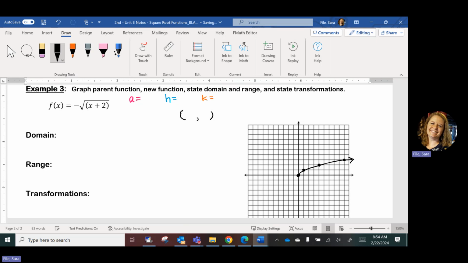All right. I've gone ahead and put the parent function on there to start. Any volunteers want to tell me what A, H, and K are? I can do our random number generator for seats if nobody wants to share.